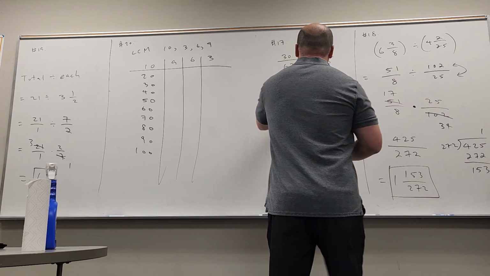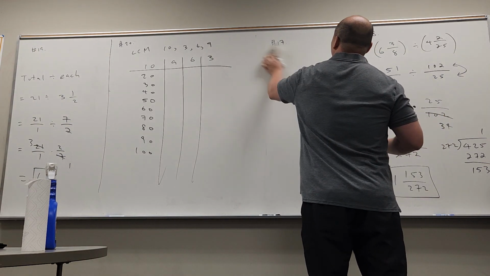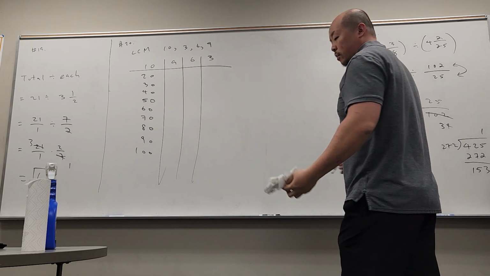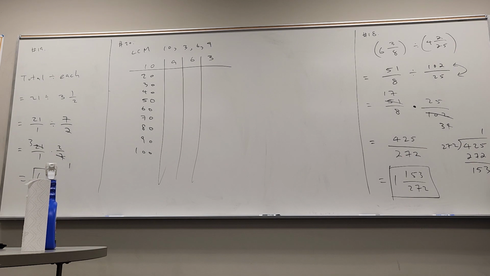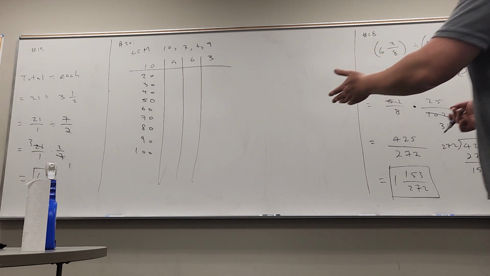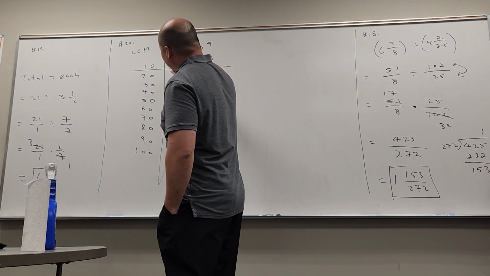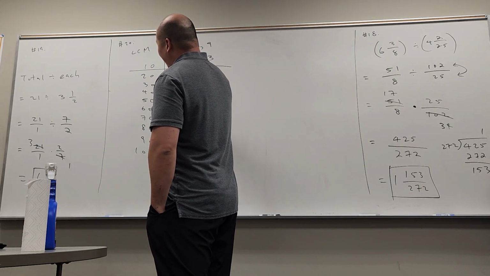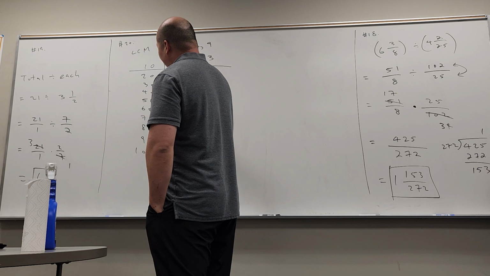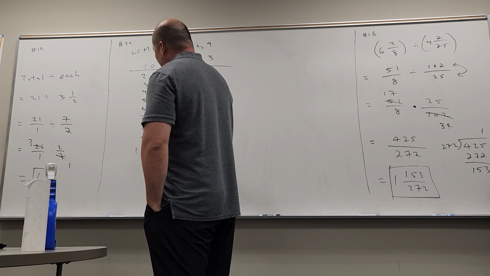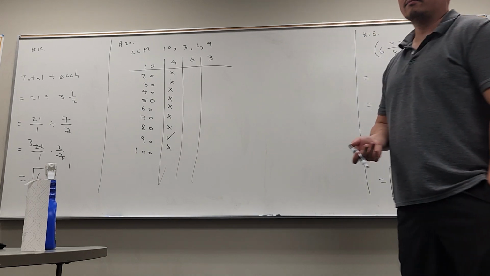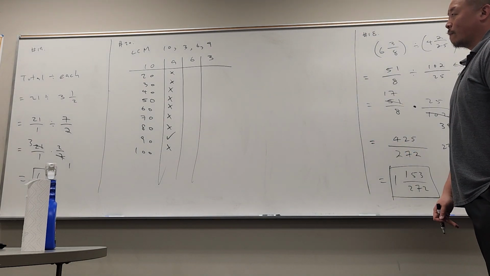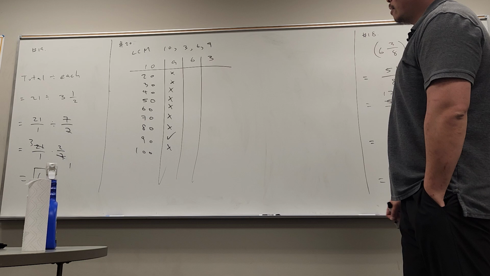Then the game is, how can the 9 go into 20? No. So that's a no, right? 9 cannot go into 30. 9 can't go into 40, 50, 60, 70, 80. Yes, 9. Okay, so 9 can go into 90. That's all we got so far.